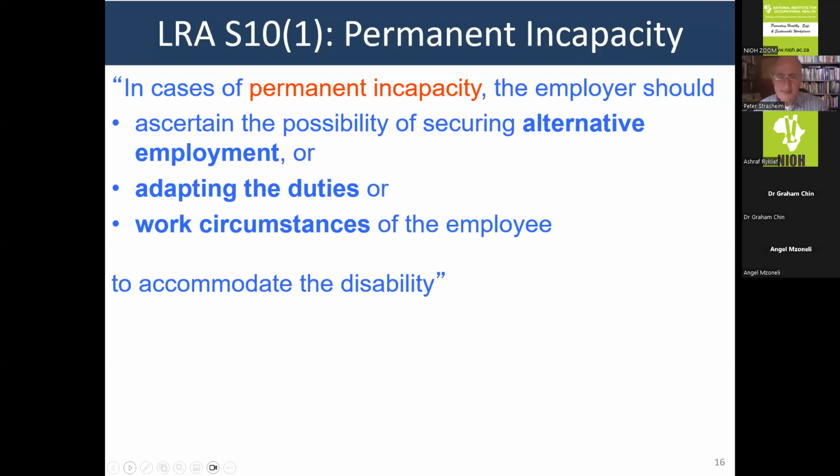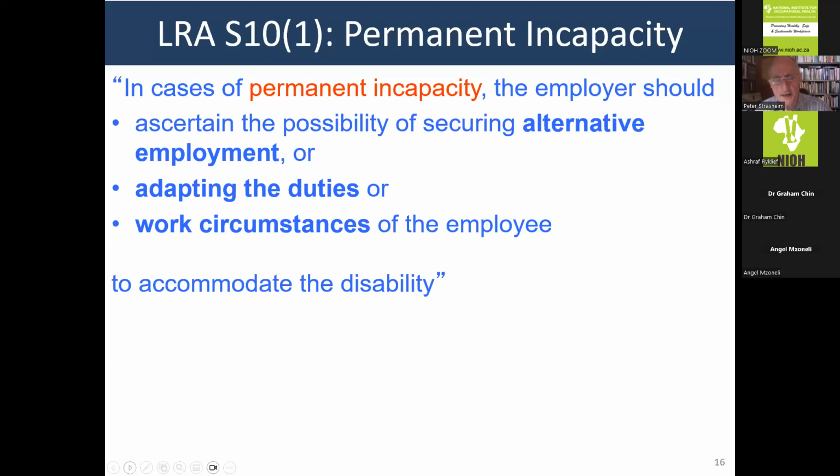So that's the point in those next 3 bullet points on that slide. Even if the impairment is permanent, the question is then, guided by the medical practitioners, occupational medical practitioners and OTs, is there a possibility of securing alternative employment? And is there a possibility of adapting the duties or the work circumstances of the employee? And some of those are entirely within the scope of practice of an occupational medical practitioner, medical specialist, and GP to do.